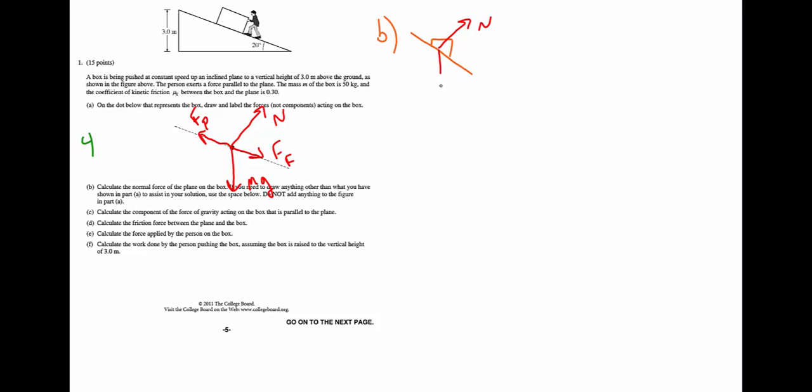And I'm going to draw only these two forces, the weight and the normal force, because I want to break up that weight into my x and y components, which we could label as mgy and mgx. And remember, those are the two components of the weight that are perpendicular and parallel to the plane respectively. So mgy is the perpendicular component of weight and mgx is the parallel component.